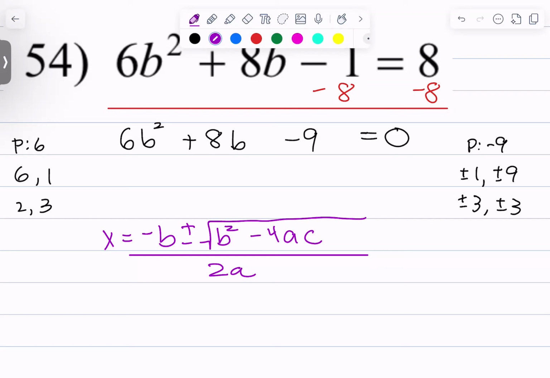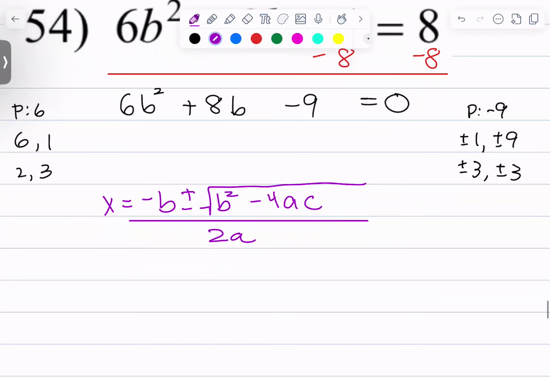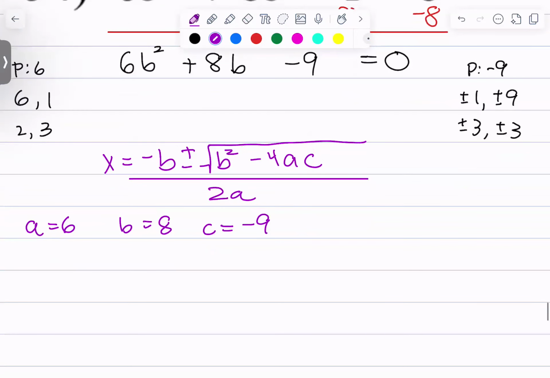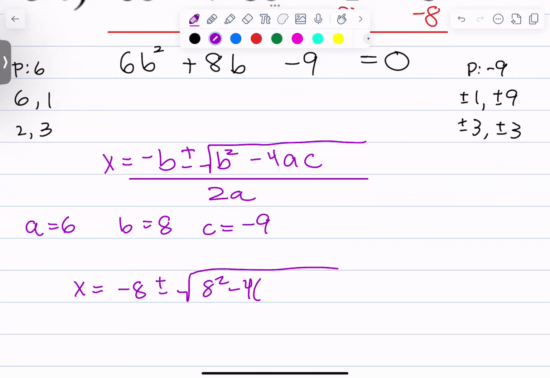So my a value here is 6. My b value here is 8. And my c value here is negative 9. So if I plug those values in, it would be negative 8 plus or minus square root of 8 squared minus 4 times 6 times negative 9, all over 2 times 6.